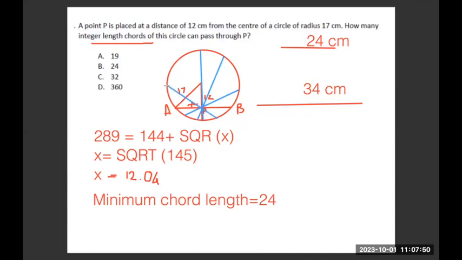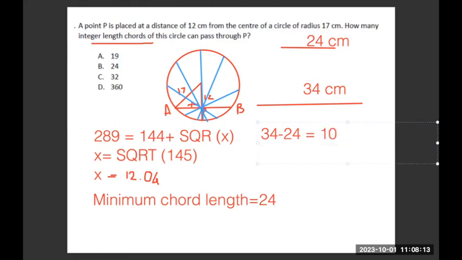Similarly, on the other side also, the chords will be passing like this. Right now, we are finding the lengths 24 to 34 for one side. Between 24 and 34, the number of integer lengths will be 34 minus 24, which will be 10.